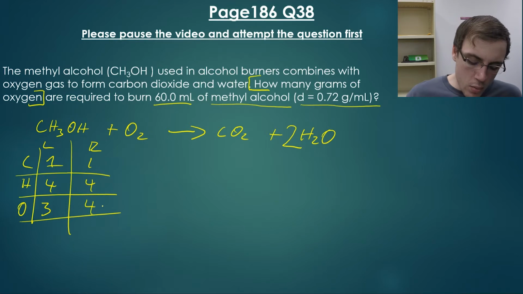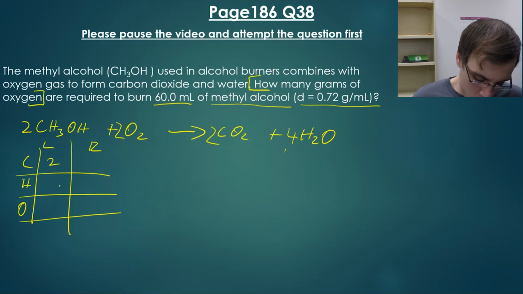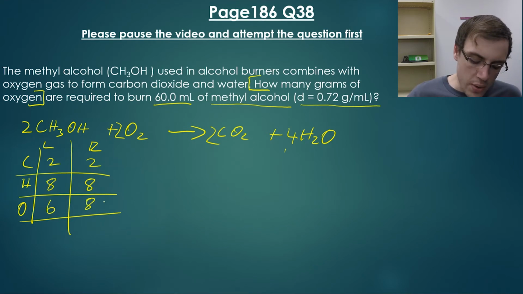So we've got 2 times 1 is 2, and plus 2 is 4. Now, we can see here that has created an odd and an even. So again, the best way to get around that is to multiply everything by 2. Okay, so we can see here our carbons balanced, our hydrogens balanced, our oxygens on the other hand aren't balanced.